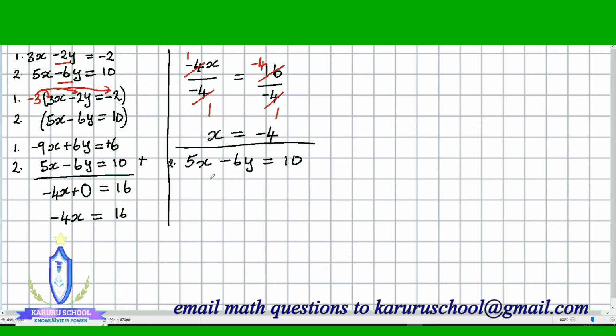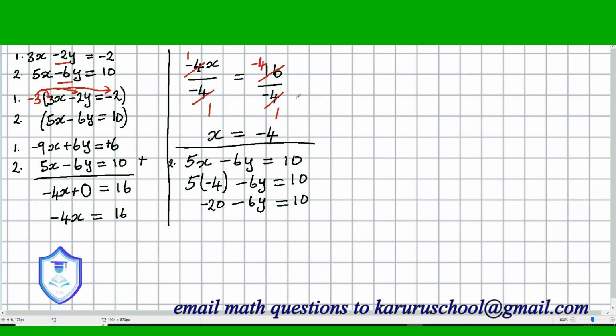But we know that the value of x is equal to -4. So in this case, we have 5 multiplied by -4 minus 6y should give us 10. If we simplify, we will get -20 minus 6y equals to 10.